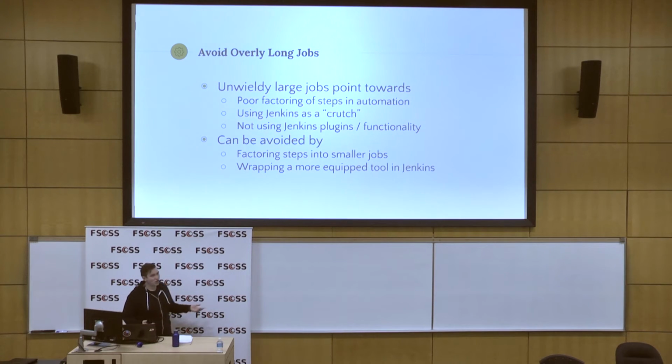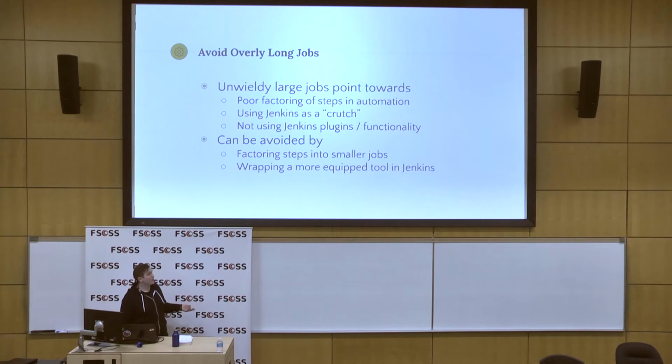If you have a complicated Java build, maybe it'd be worth your time to get it running on Maven and then just wrap that Maven call in Jenkins. You get all the same monitoring, but you have a much more robust build-specific tool to depend on. And then I would say, if you're not using Jenkins plugins or functionality, you're just trying to build your own hack that gets something done, that's often something that can cause really large projects.